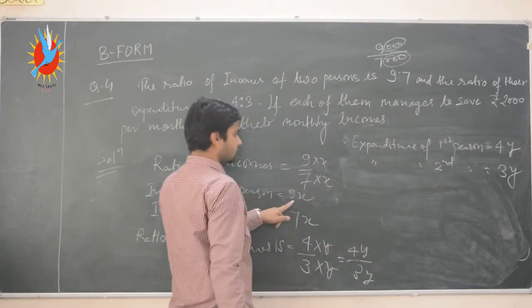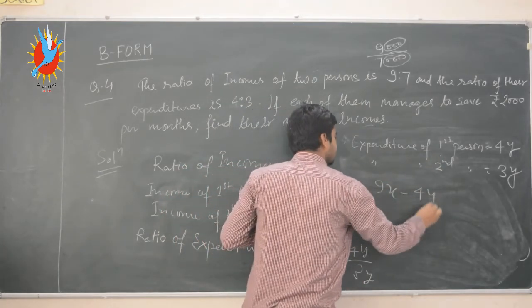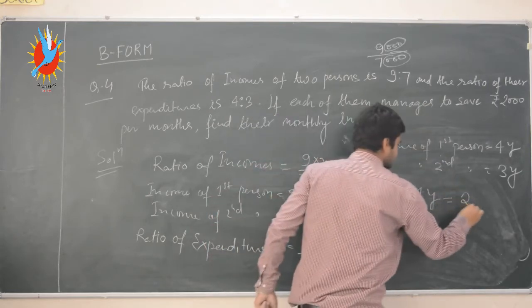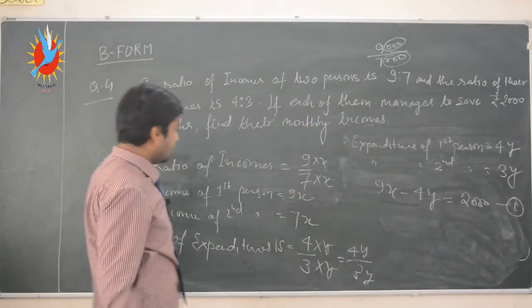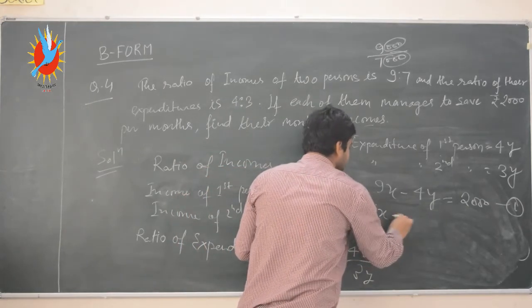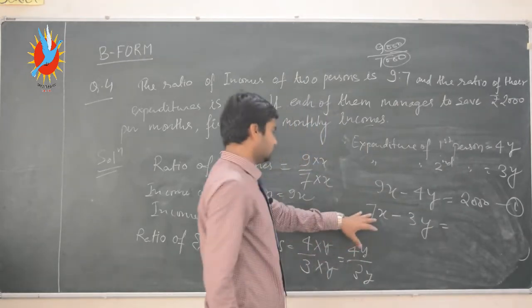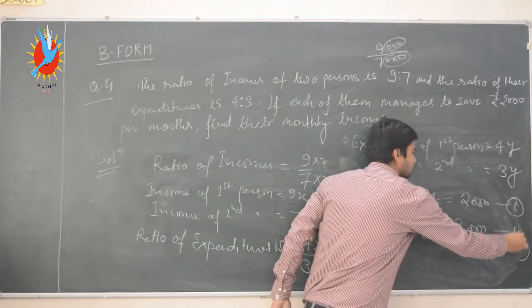For the first person, 9x minus 4y is equal to the saving, and saving is given as 2000. This will be equation 1. For the second person, income is 7x and expenditure is 3y, so 7x minus 3y is also equal to 2000.